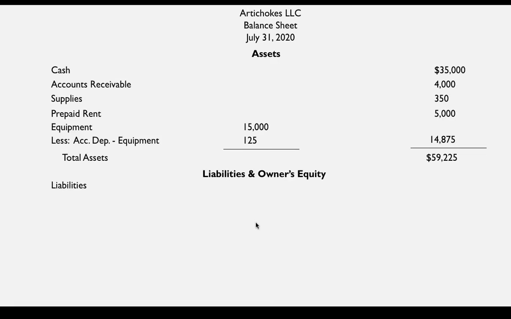So we write liabilities, and we have 3 different liability accounts, right? We had accounts payable of $8,500. We had unearned service revenue of $8,000. And we had salaries payable of $1,800.